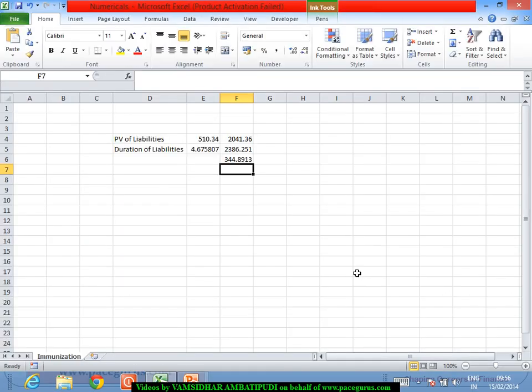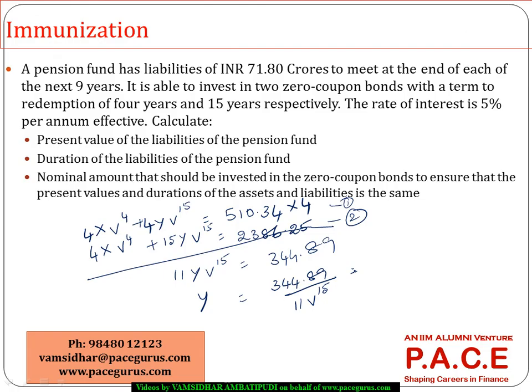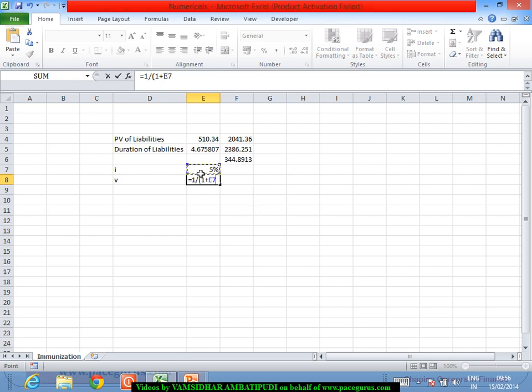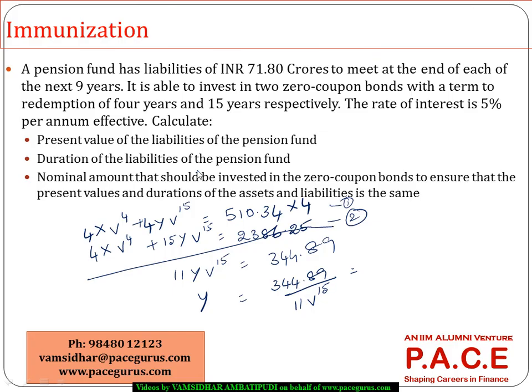So what is 11 v^15? In this case, the i which we are taking is 5%, right? So v will be 1 by 1 plus i. So this is the value of v, and from here v^15, if I raise this to the power 15, this is v^15.